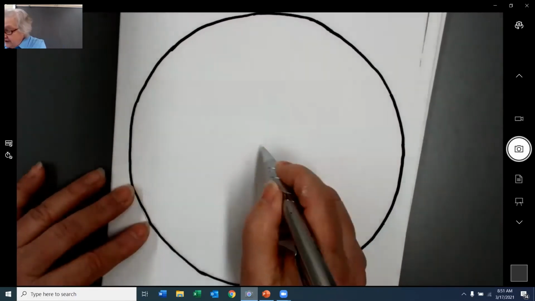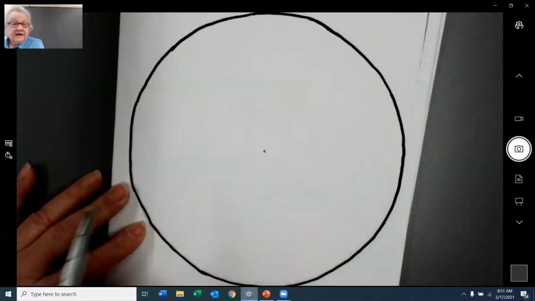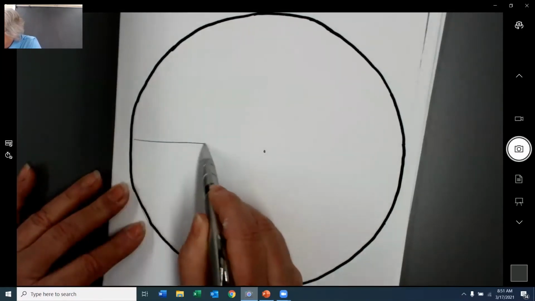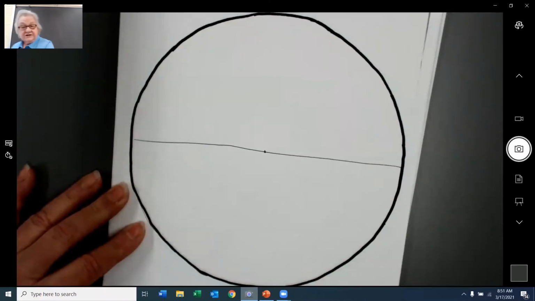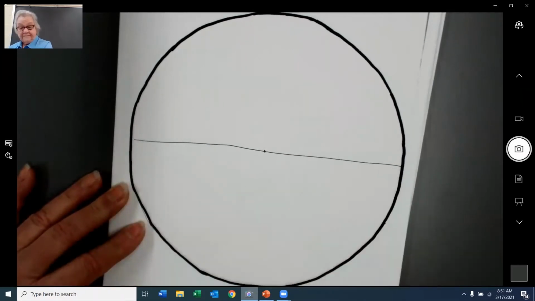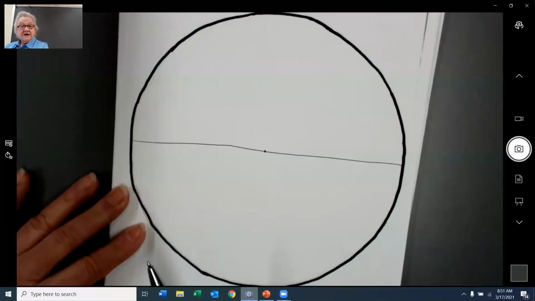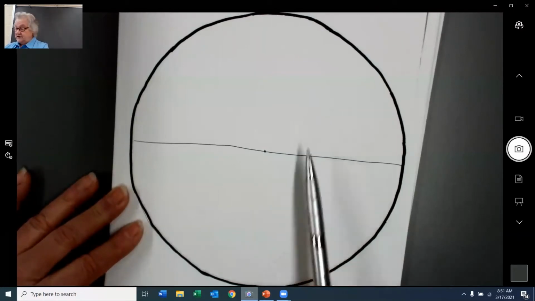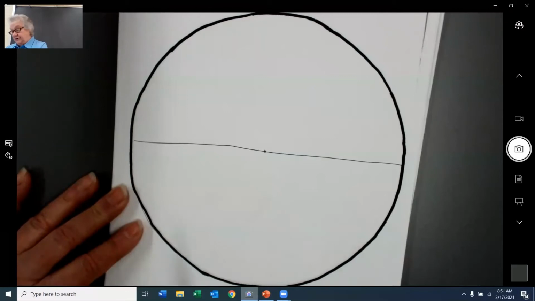Now, I'm going to work on this problem by, first of all, saying I'm going to work on chords that only go through the center of the circle. So I'm really looking at a fairly simple example. So there's the first chord, goes from one point of the circle to another point of the circle. That's a chord. And I divided the circle into two regions, 1, 2. So one chord, two regions.